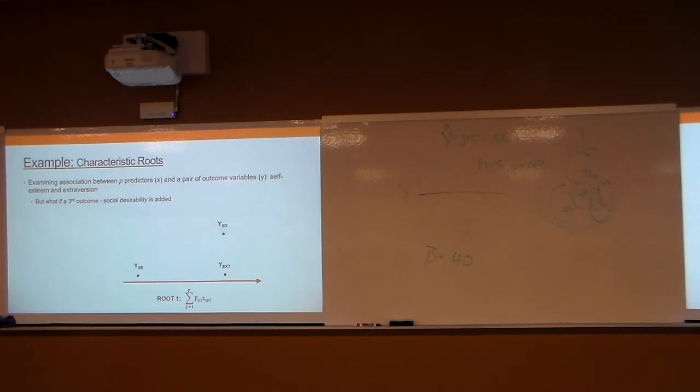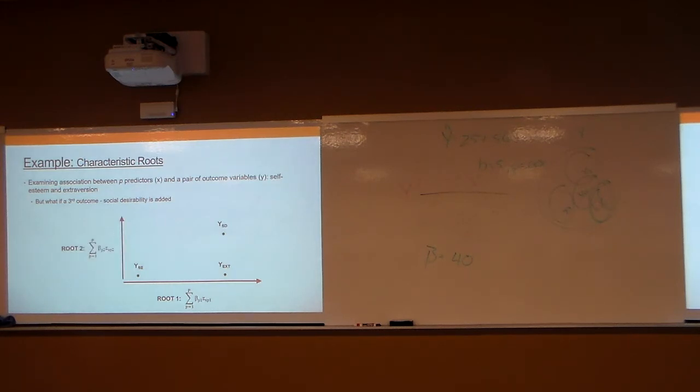It exists in the same spot as what? Yeah, these things, right? If I'm coming along, this is my characteristic root, this is my equation, right? And I'm traveling along, and I had self-esteem, cool. Travel along, and then I hit here. Am I able to distinguish between extroversion and social desirability? No, because they exist in the same spot, right?